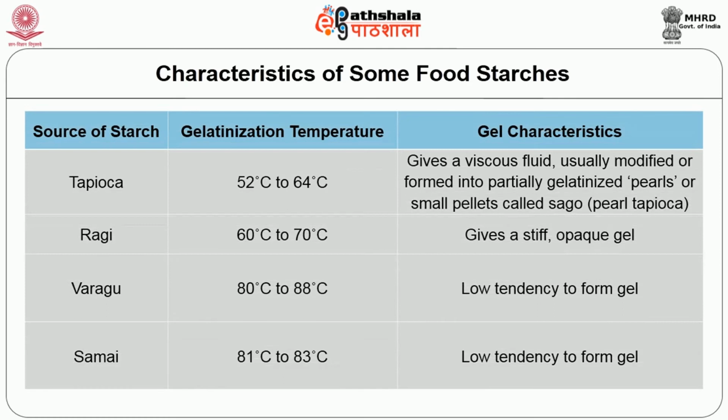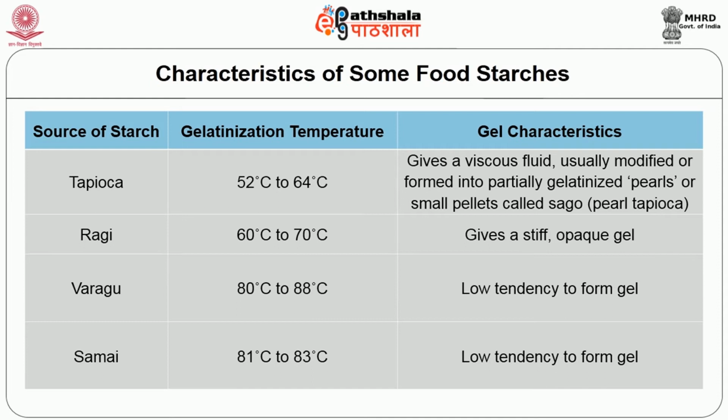Tapioca, when gelatinized at 52 degrees Celsius to 64 degrees Celsius, gives a viscous fluid usually modified or formed into partially gelatinized pearls or small pellets called sago. Ragi, when gelatinized at 60 degrees Celsius to 70 degrees Celsius, gives a stiff opaque gel.